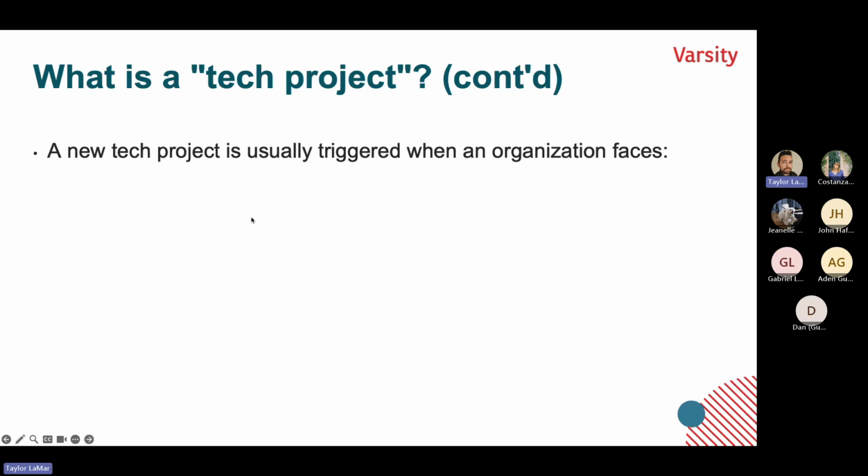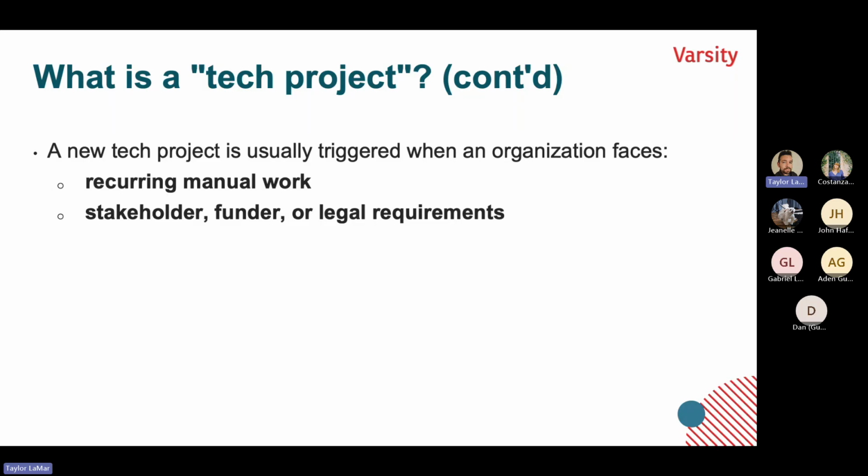Now, a new tech project doesn't just emerge out of nowhere. There's usually something that triggers a new tech project, right? Two really common ones is there's recurring manual work that can be automated or improved in some way. Another one is, hey, there's some requirements, some external need that we need to satisfy, maybe from a stakeholder or funder.